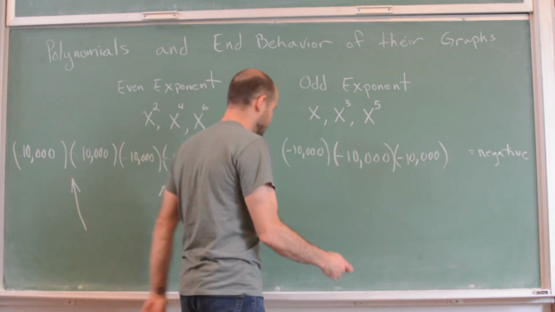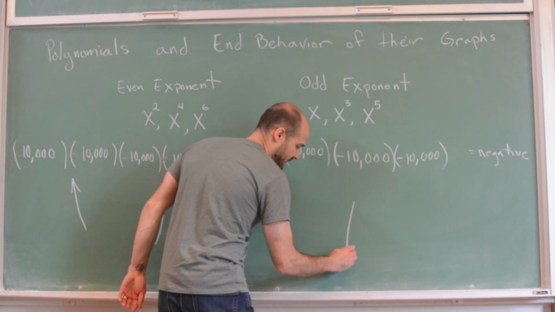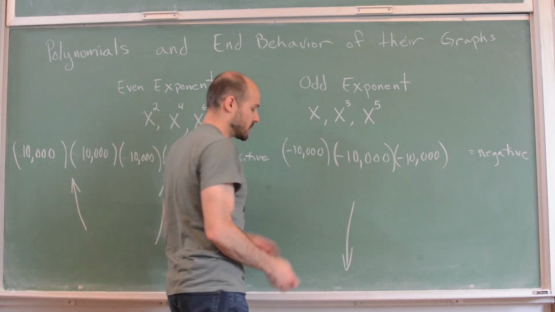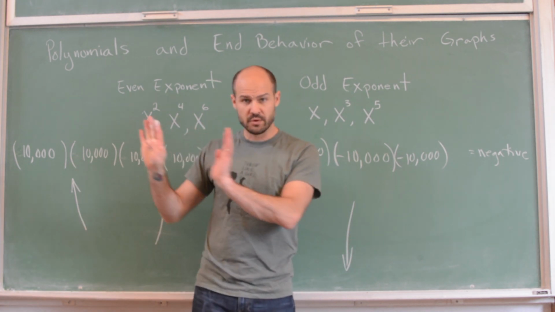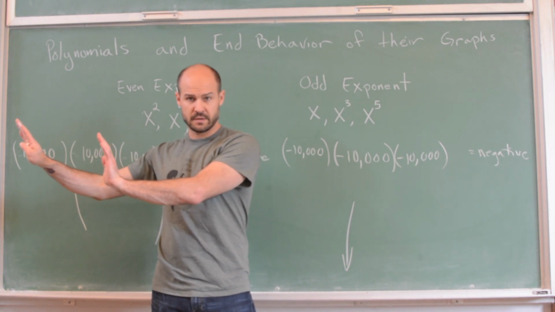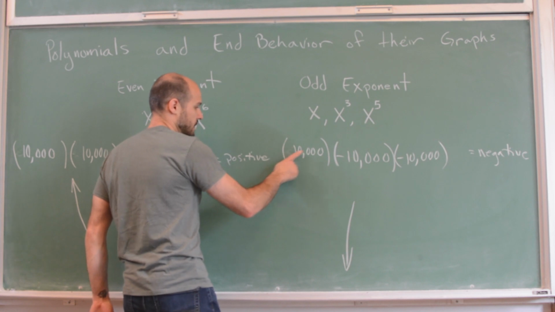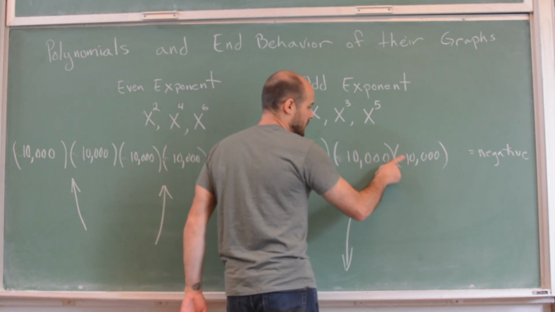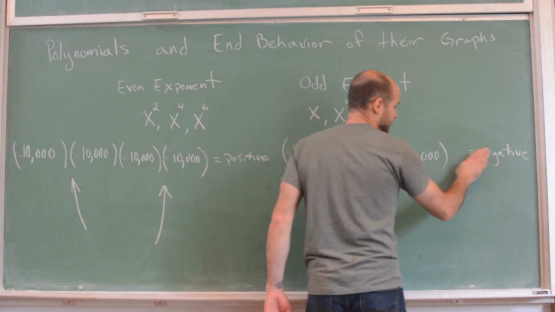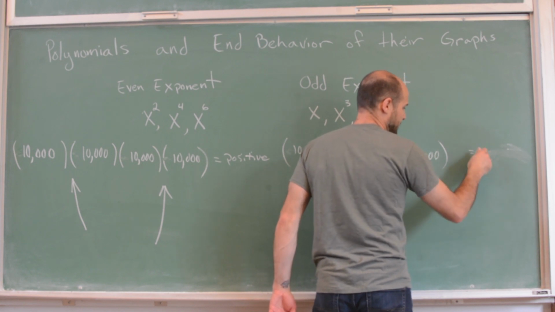That's way down. So the end behavior of the graph decreases as we move towards the left. If we move towards the right, we're putting in positive values here, and we're going to get a positive result.